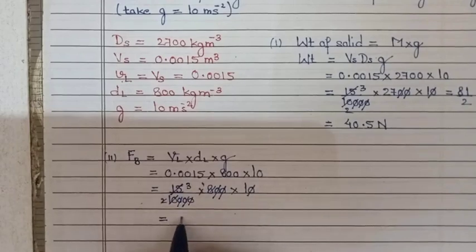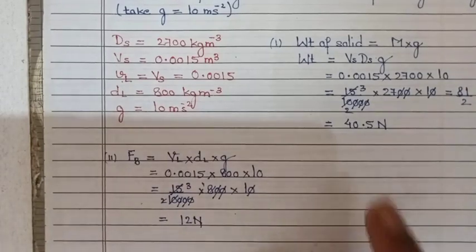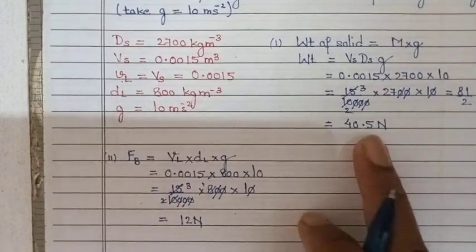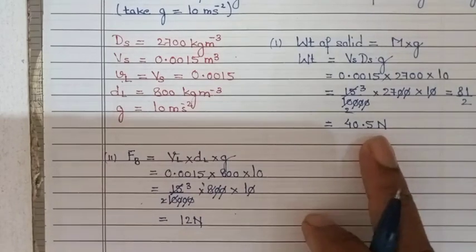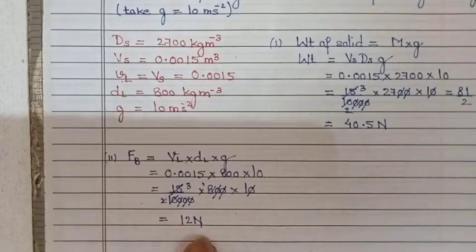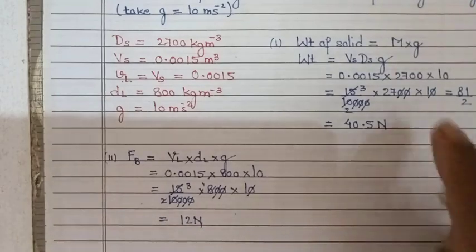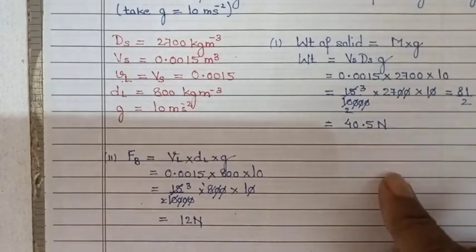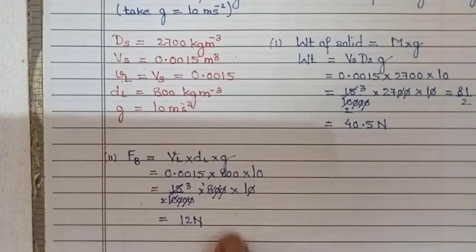So you are getting upthrust as 4 3 12. So upthrust is 12 Newton. Now weight of the body 40.5 Newton and upthrust 12 Newton. Now remember, weight of the body acts in the downward direction, whereas upthrust acts in upward direction.